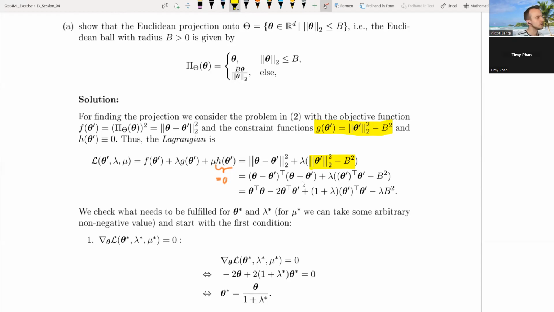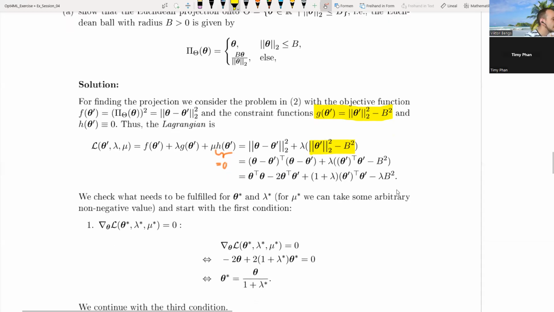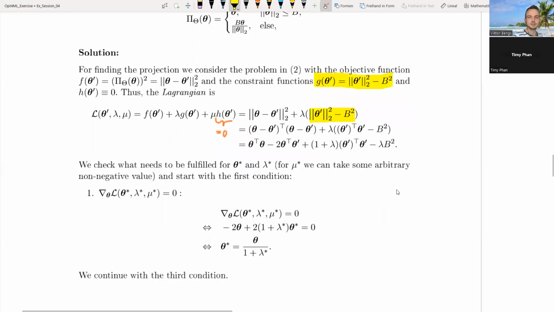And well, multiplying out, which we have done a couple of times now with this inner product term, we get to this expression here. And now we have it in a quite nice way. So we have stated the Lagrangian function in a convenient way, where we can compute the gradient with respect to theta prime conveniently.